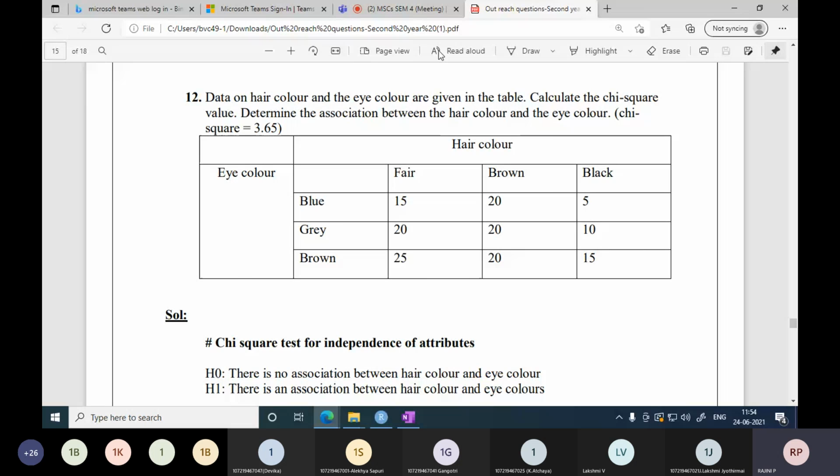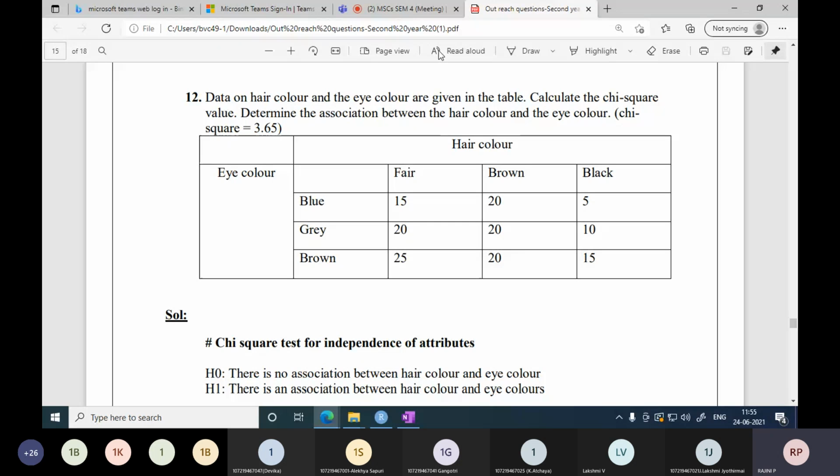Now, here the data has been given in a matrix form. This is called the contingency table. But we cannot enter the data like this into R programming directly. First, you need to enter it in a vector form, and then convert that vector into the matrix. So how to do that?